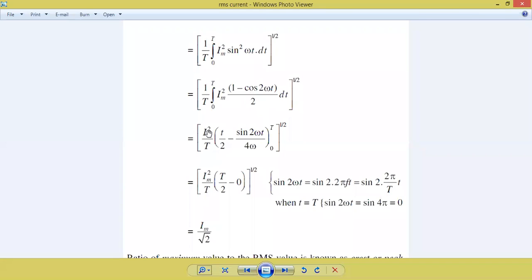Integration of 1 by 2 comes to t by 2, minus, already minus is there, integration of cos 2 omega t. Now all of you tell me, what is the integration of cos 2 omega t? Sine 2 omega t by 2 omega. Already we are having 2, so it becomes 4 omega. Is it clear, all of you? So integration of cos is nothing but sine. We got this one.